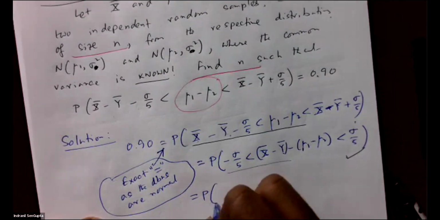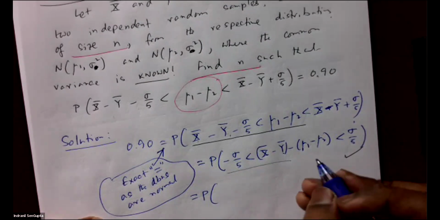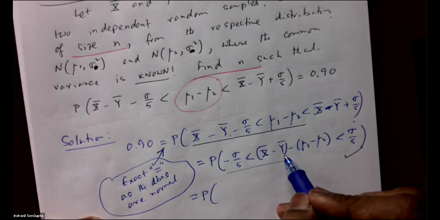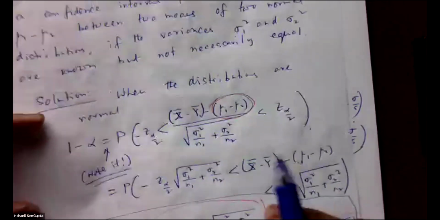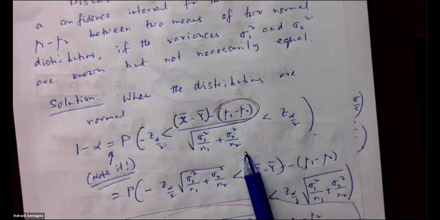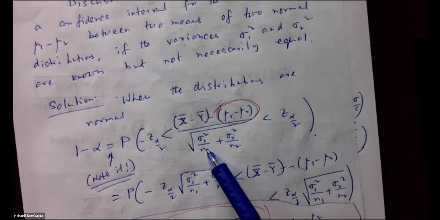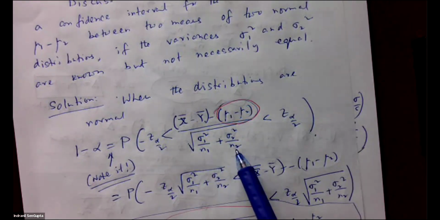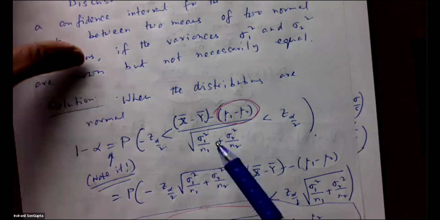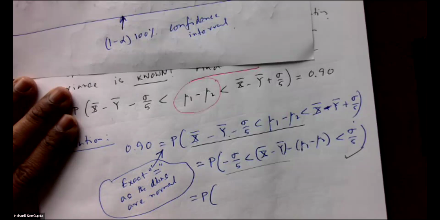So we have the probability of, let's see. What is the quantity that we need in the denominator? If you look at the last example, we know this one, right? For the normal samples, in our case N1 and N2 are the same, and sigma 1 squared and sigma 2 squared are the same. So we have this quantity, sigma 1 squared over N1 plus sigma 2 squared over N2.